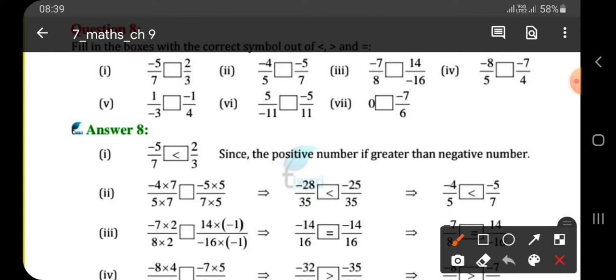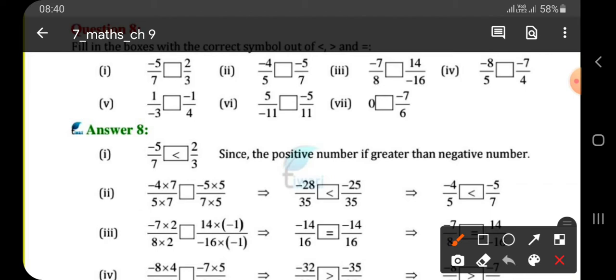First of all, you have to make their denominators equivalent by finding the LCM of the denominators 5 and 7. What is the LCM of 5 and 7? It's 35.